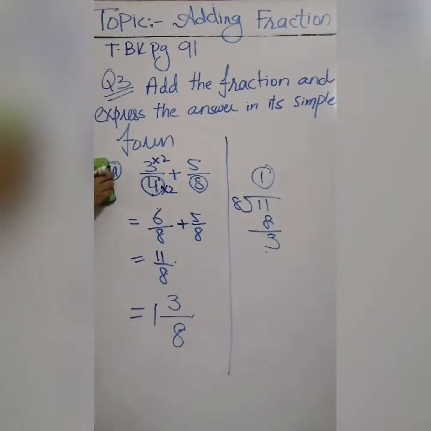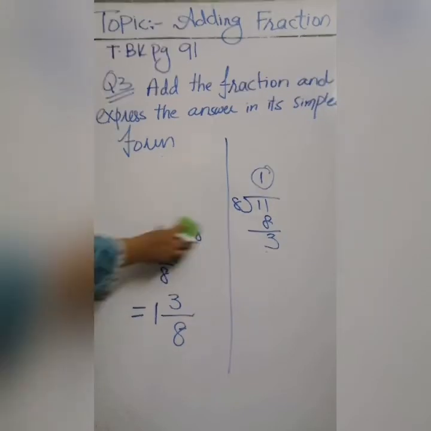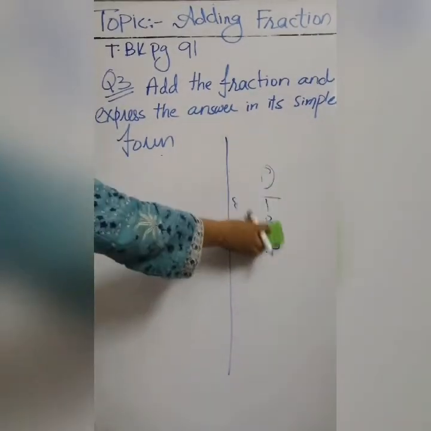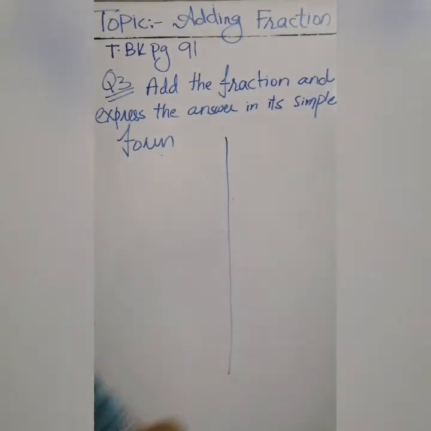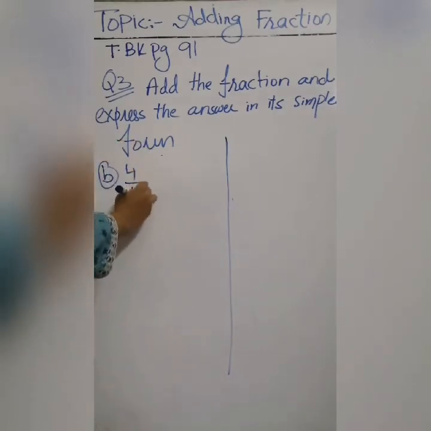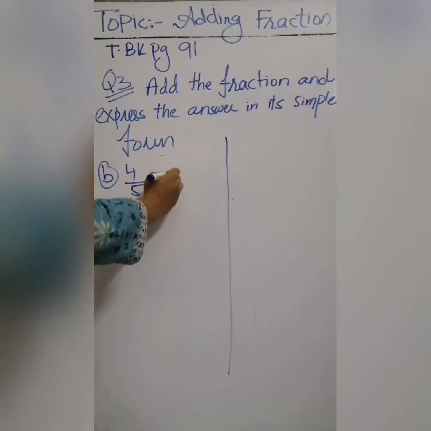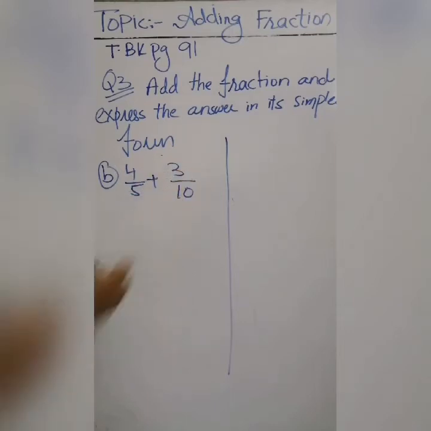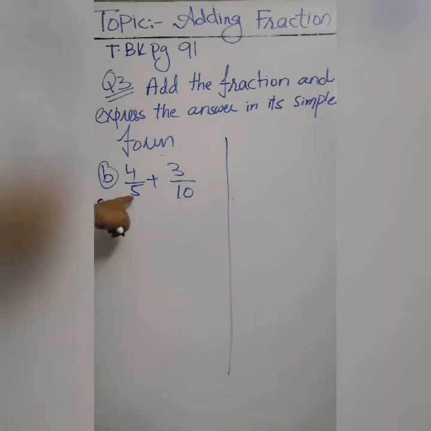Now I have part B. 4 by 5 plus 3 by 10. Again we have different denominators, 5 and 10. The rule is, for adding fractions, we must have the same denominators.